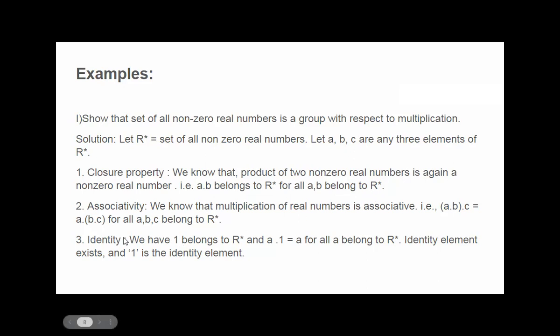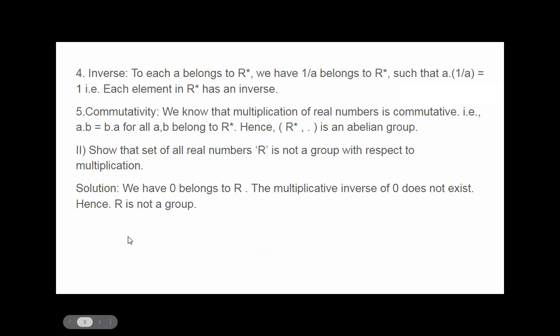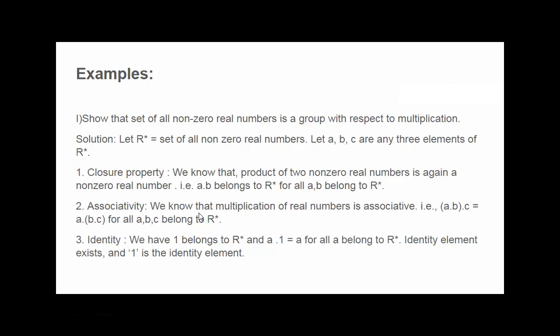Then what about associativity? We know that multiplication of real numbers is associative. That is, A dot B dot C is equal to A dot B dot C for all A, B, C belong to R star.